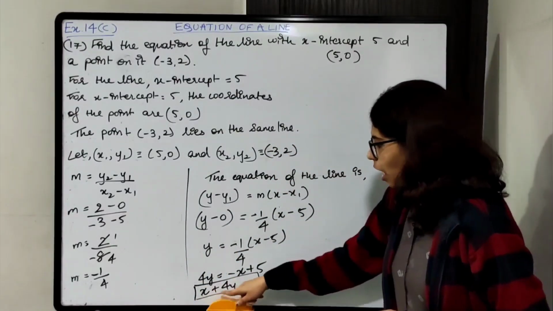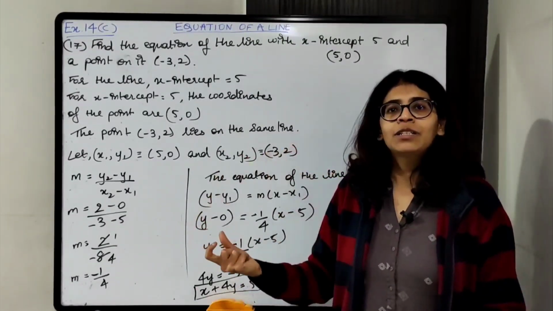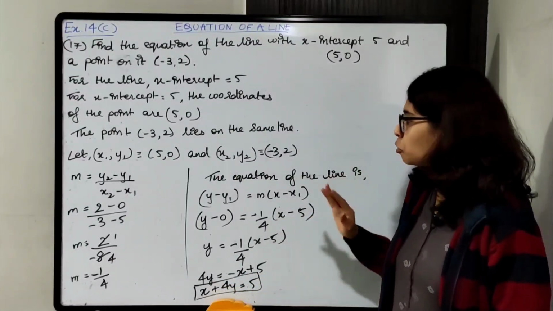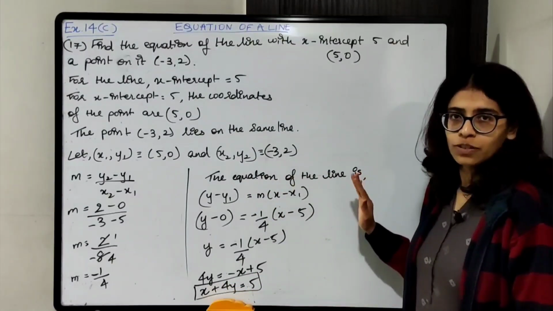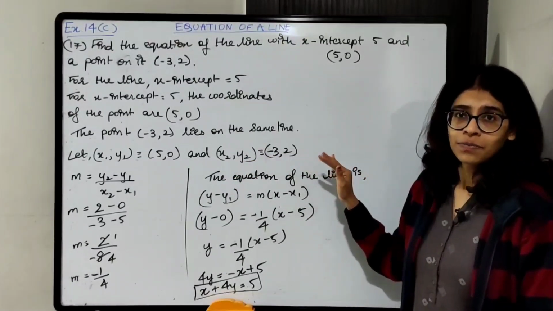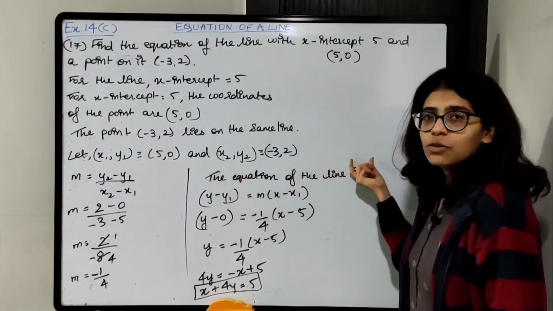Okay, after this you have to write down the final statement, box this and put the final statement. The equation of the line is x plus 4y equals to 5. Also students, before finding the equation of the line, before this statement, it's better that you write down m and x1 y1. Okay, so that you don't make mistake. Okay, so it's better that you write it down.